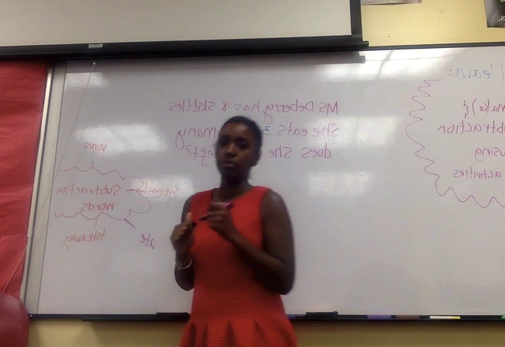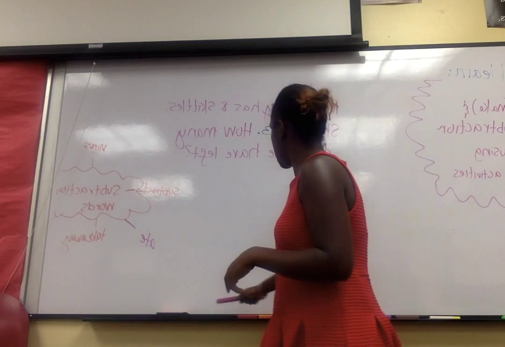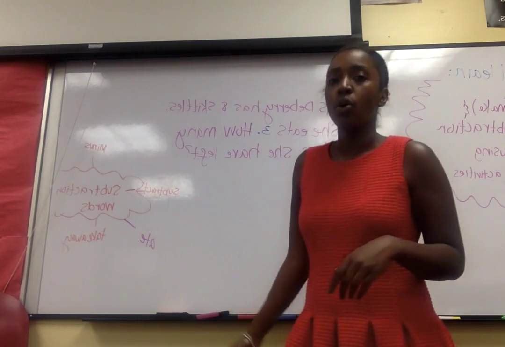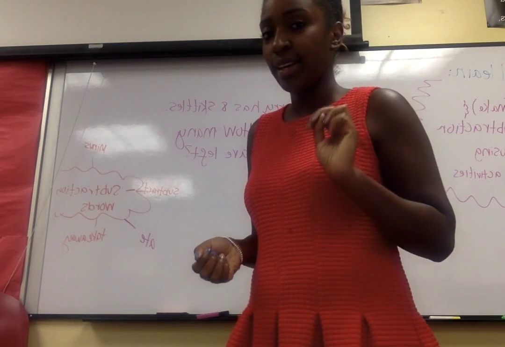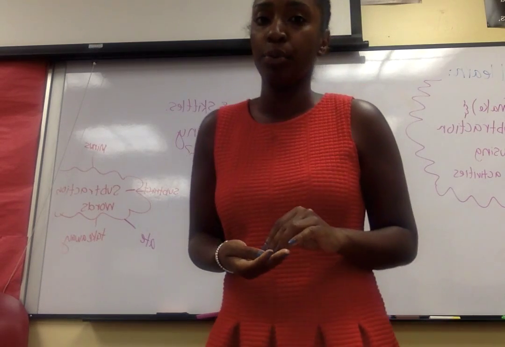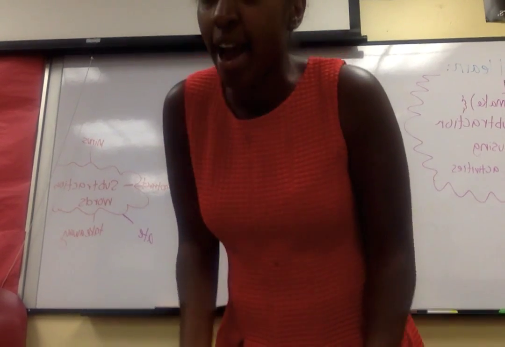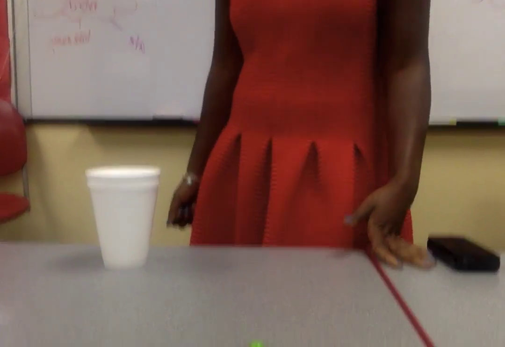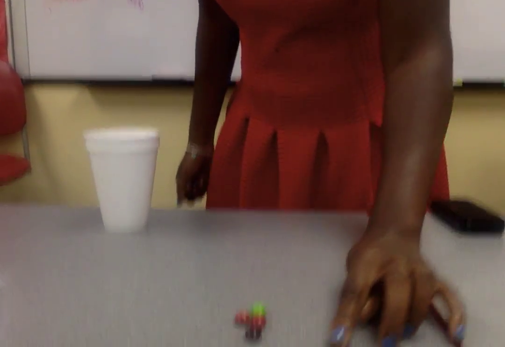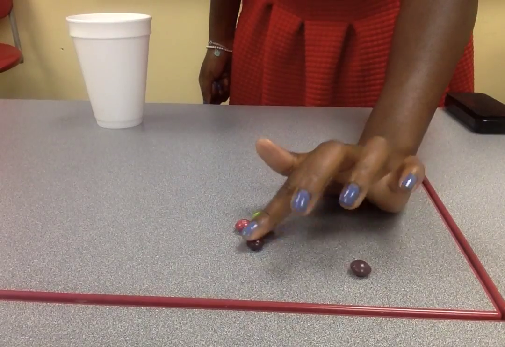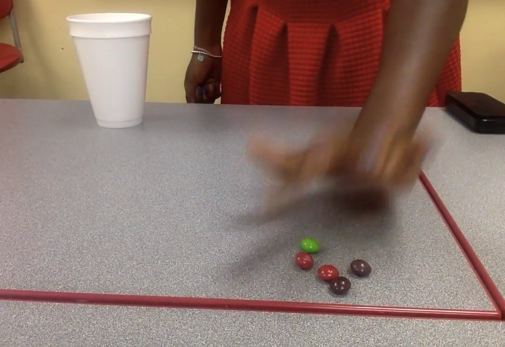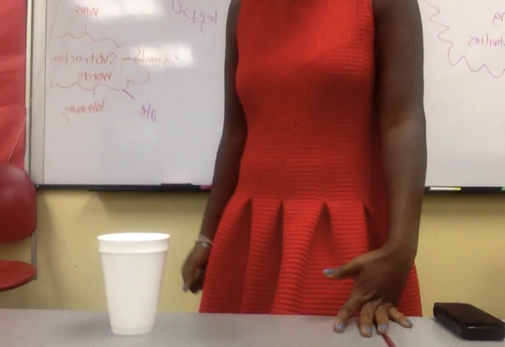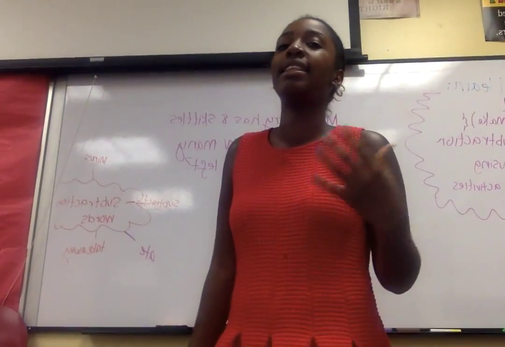Okay. So I started with the number 8 and I took away 3. And now let's count how many I have left. 1, 2, 3, 4, 5. I have 5 left.